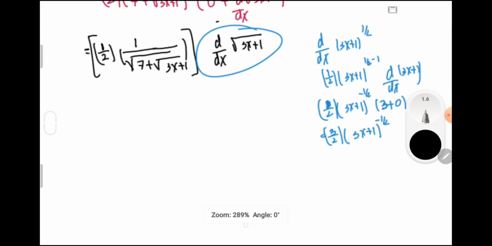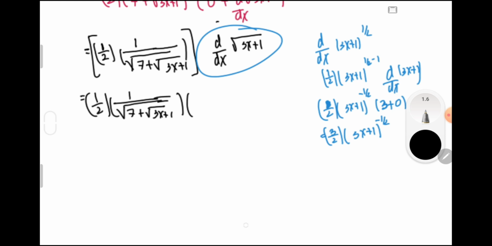Okay, so we'll have a value equal to 1 half multiplied by 1 all over square root of 7 plus square root of 3x plus 1, multiplied by 3 halves, multiplied by 1 all over square root of 3x plus 1.